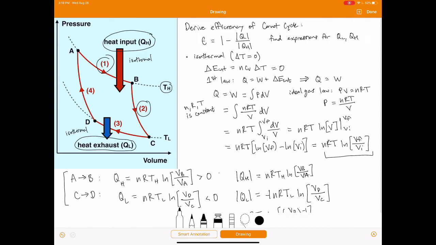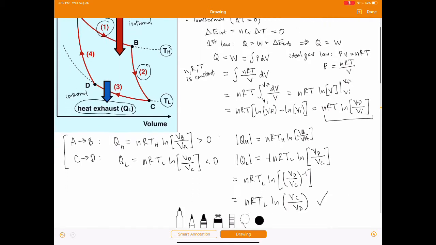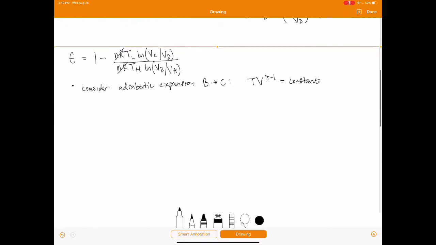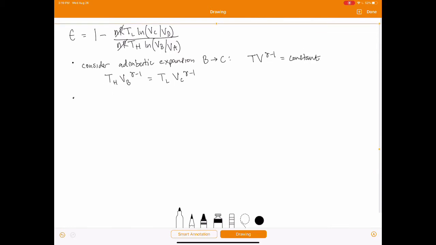Okay, we're at temperature TH, but then once we get to point C, the temperature is TL. And then the volumes, we're going to call them VB and VC. So here's how we'll use that. We'll have, okay, TH times VB to the gamma minus 1 is equal to TL times VC to the gamma minus 1. Okay, so that's what we have for that process.